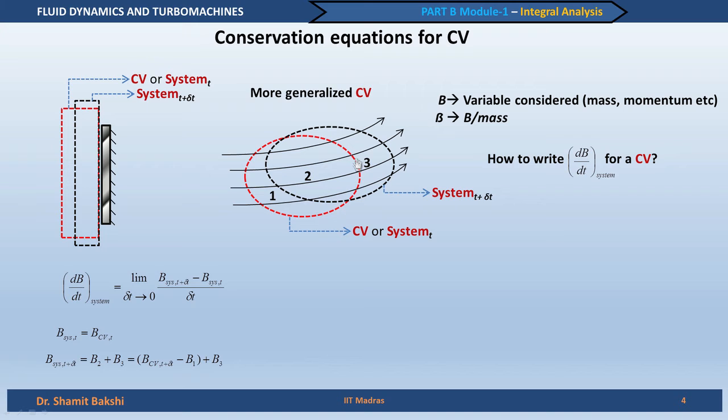So, b c v at t plus delta t is this region minus b 1 which has entered into the control volume, that will of course be b 2 plus b 3. B 3 is what has gone out of the control volume.